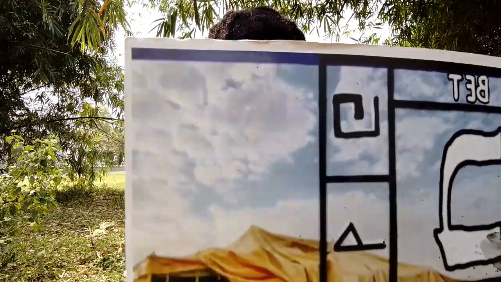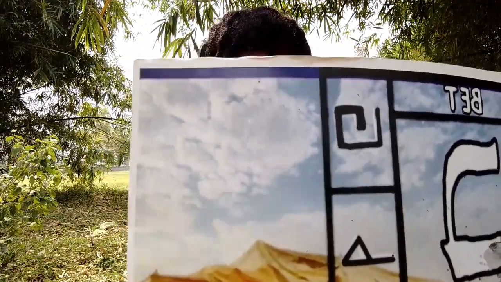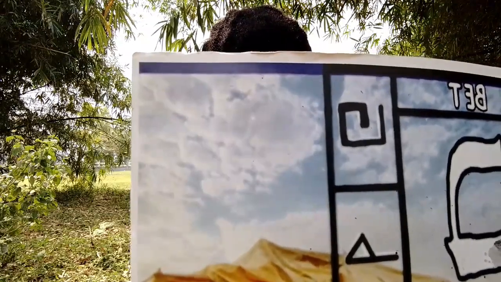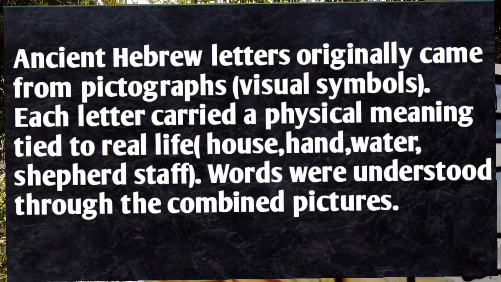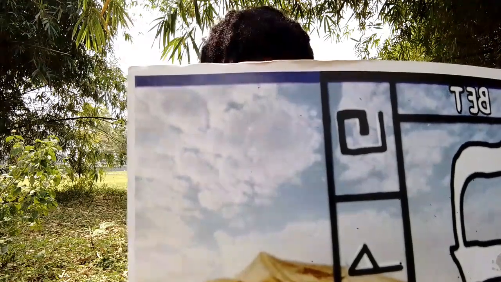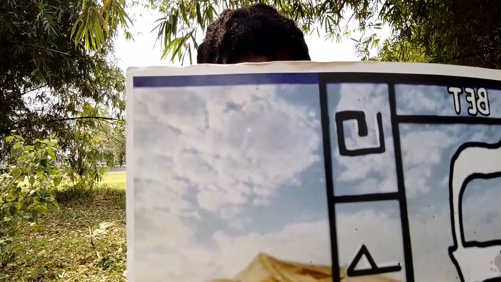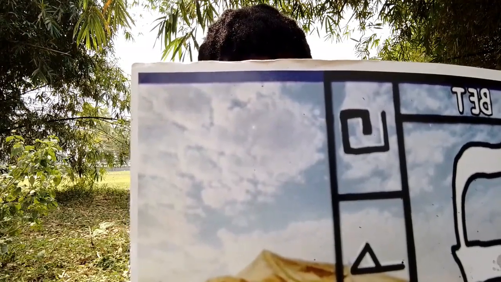House. This is a picture of a house. There's another letter that means hand, which is yod. There's another letter like water. There's another letter like a shepherd's staff, right? So words were understood through combining pictures. Did you get it? Hebrew words are understood through combining pictures.